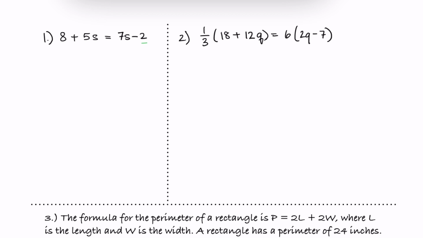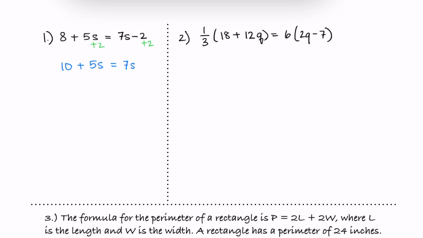So that means I'm going to have to add 2 to both sides of the equation because it's being subtracted on this side. So if we do that, we get 10 plus 5s is equal to 7s.